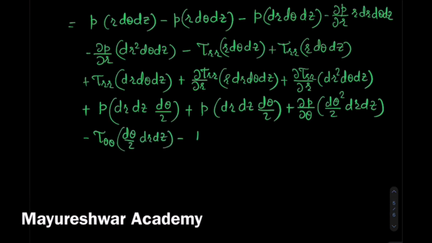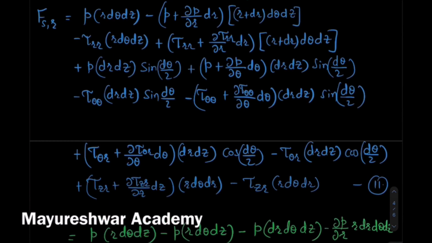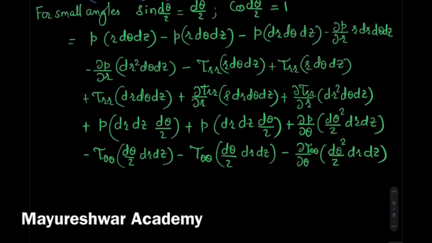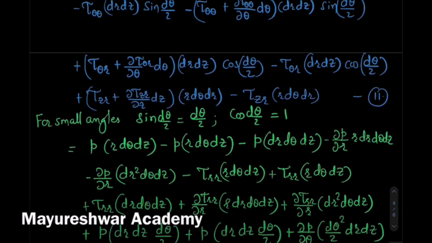So similarly for normal stresses, d theta over 2 dr dz minus tau theta into d theta by 2 dr dz, minus its rate of change along theta direction multiplied by d theta squared by 2 into dr dz. So for small angles we have considered sine d theta by 2 equal to d theta by 2, and cos d theta by 2 is equal to unity.